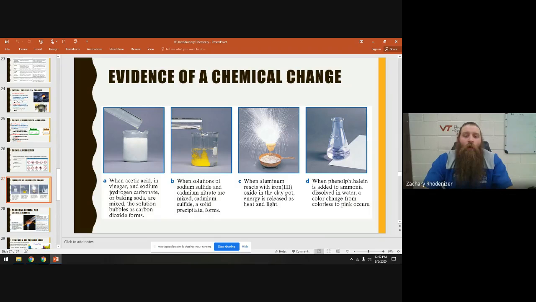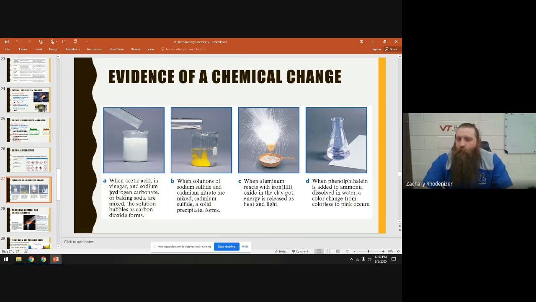So bubbles generally indicate a chemical change. If you have a color change, so this second reaction here, this one labeled B, we'll actually do this in class. You mix two clear chemicals and all of a sudden you get this vibrant yellow. Okay, there's been a color change because the color of a substance changes based on what chemical it is. Color is dependent on the configuration of electrons in a compound. If you release heat or light when you do a reaction, there's a chemical change occurring.